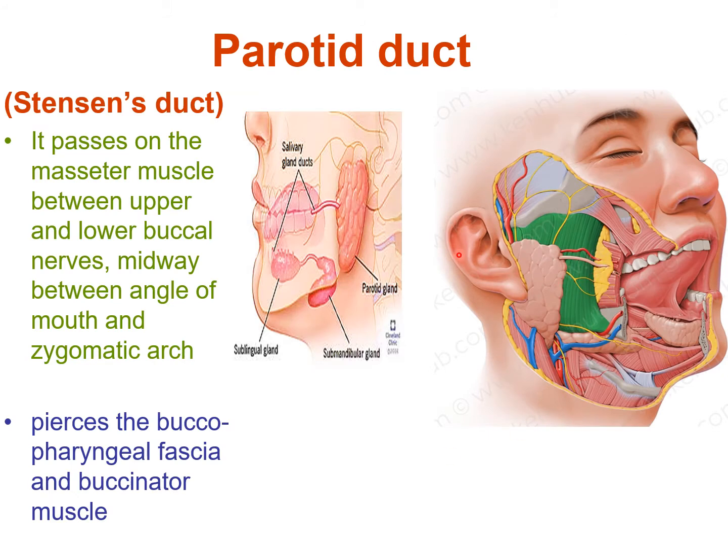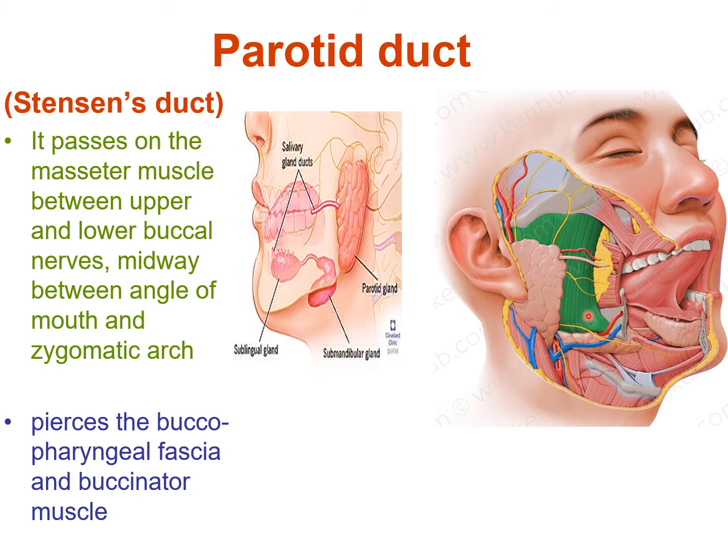So the parotid duct or the Stenson's duct arises within the gland by union of smaller ductules, and it leaves the superior part of the anteromedial surface of the gland, and the duct emerges through the anterior border of the gland. It passes over the masseter muscle between the upper and lower buccal branches of the facial nerve, and it lies midway between the angle of the mouth and the zygomatic arch.